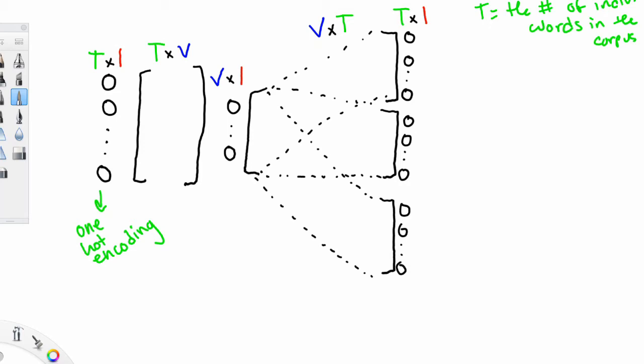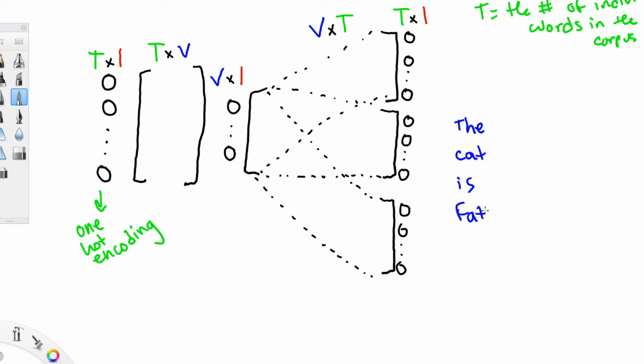So here's an example. Given that we have 4 unique words in our corpus, and let's say the 4 unique words are: the cat is fat.